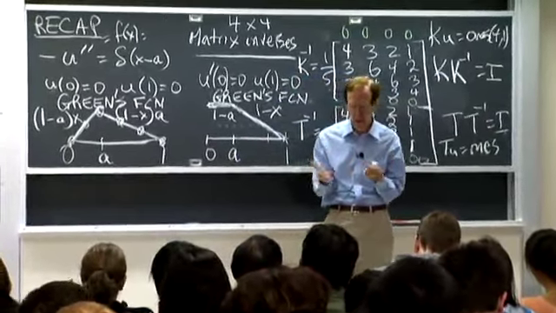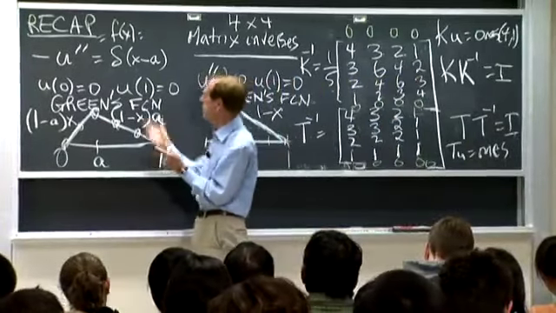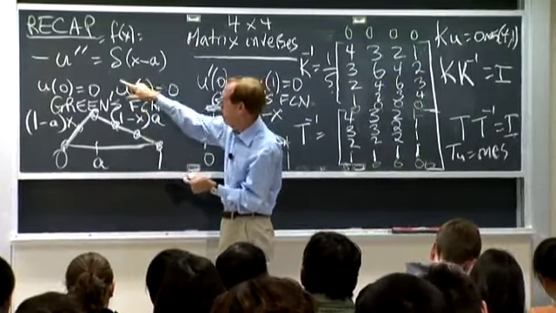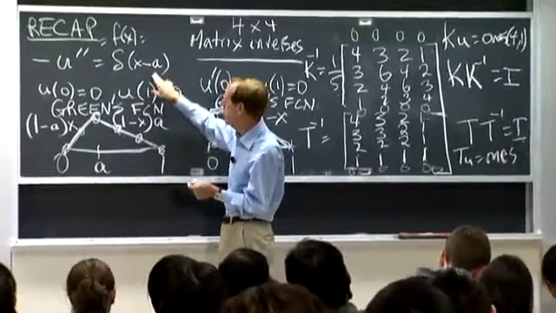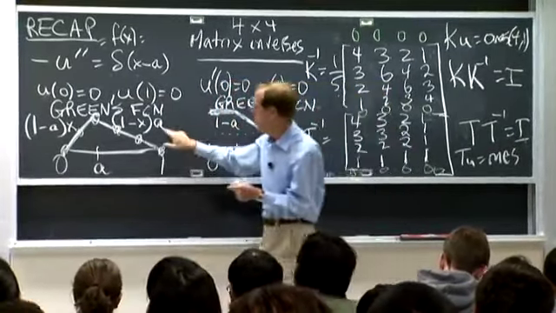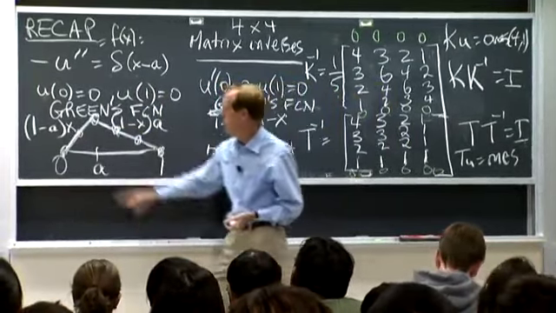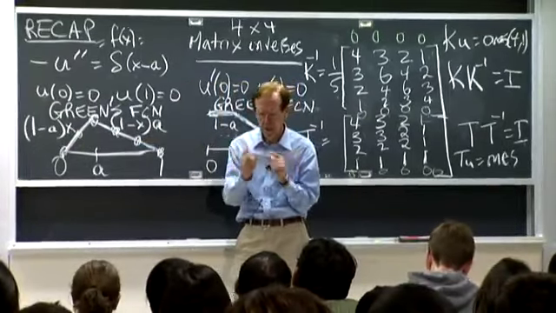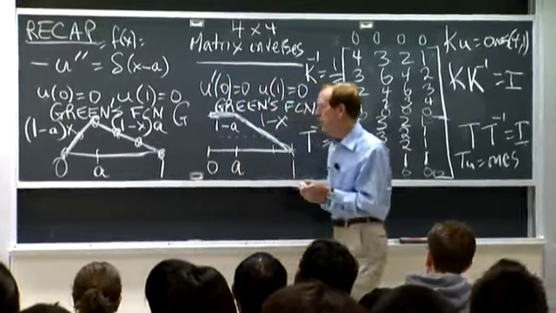What is the Green's function? The Green's function is the response at x, the u at x, when the impulse is at A. So it depends on two things. It depends on the position A of the input, and it tells you the response at position X. Often we would use the letter G for Green.